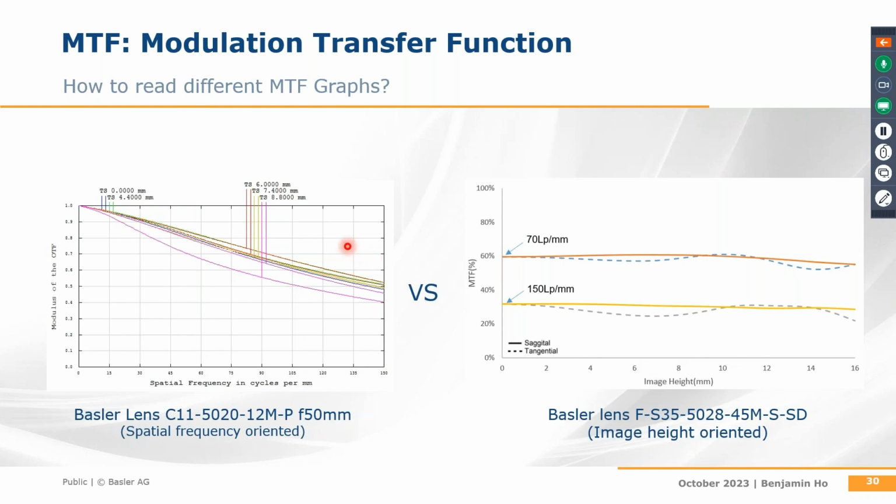The MTF graph is typically divided into two main types: spatial frequency oriented and image height oriented. In the spatial frequency oriented MTF graph, the x-axis represents the spatial frequency in cycles per millimeter. The y-axis represents modulation transfer, typically ranging from 0 to 1.